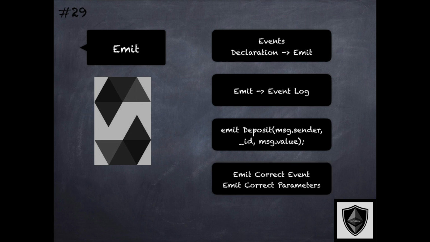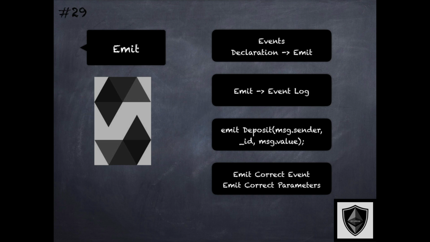And from a security perspective, it's critical for the contract, for the developers, to emit the correct event and also to use the correct parameters that are required by that event. Now, this is something that is sometimes missed or not paid attention to because it's perhaps harder to be tested and not really critical to the control flow of the contract as perceived by the developers.